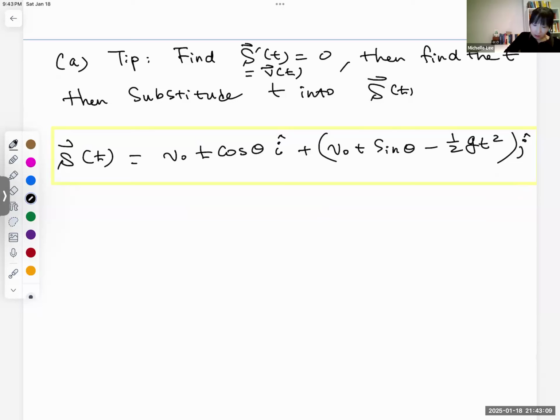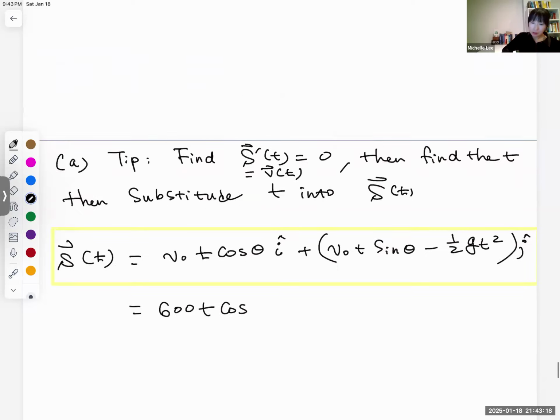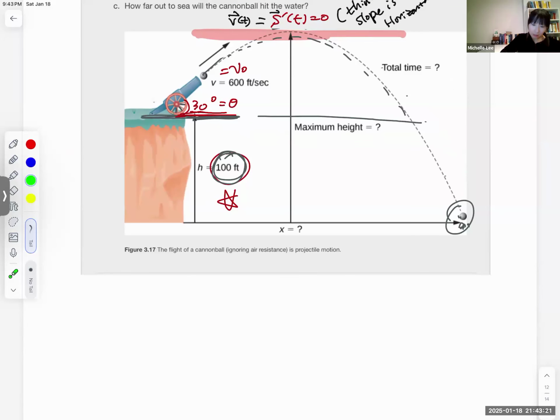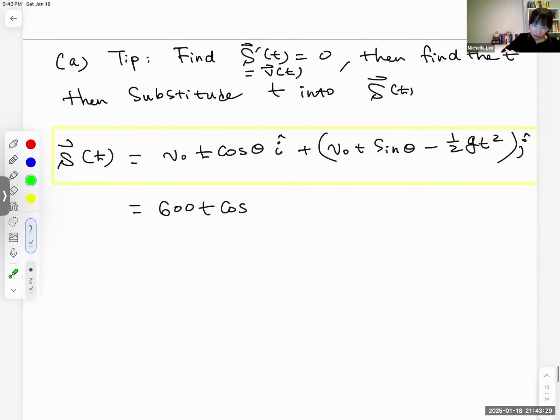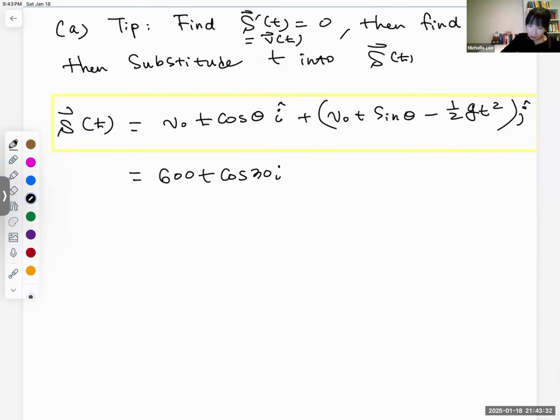Okay, so V naught, which is 600 T cosine 30 degrees, right? Because they say 30 above horizontal, right? So from horizontal, 30, yeah. Okay, so 30, I had plus V naught 600 T sine 30 minus 1/2. What is the unit?